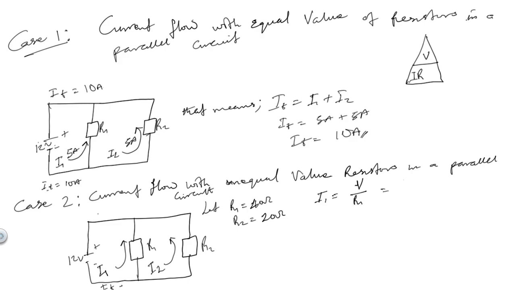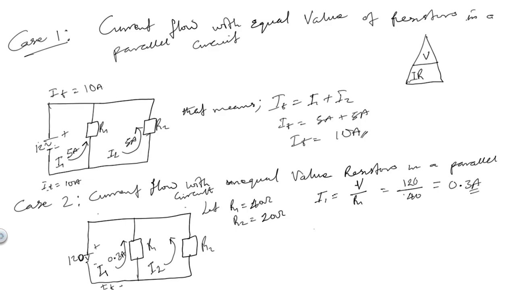We have 12 volts over, no, let's make this case 120 volts for much easier calculation, so that we can play around with it easily. 120 over what's the value of R1? R1 is 40. Is that making sense? 120 divided by 40, we would have 0.3 amps. That's the amount of current flowing through I1.